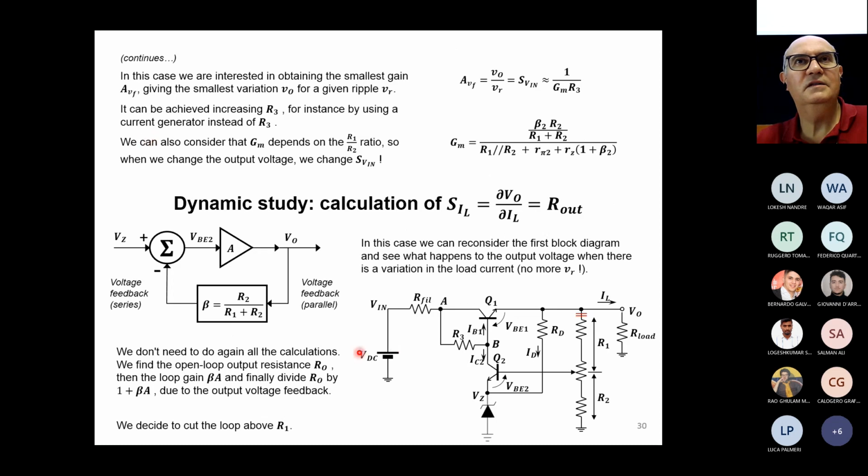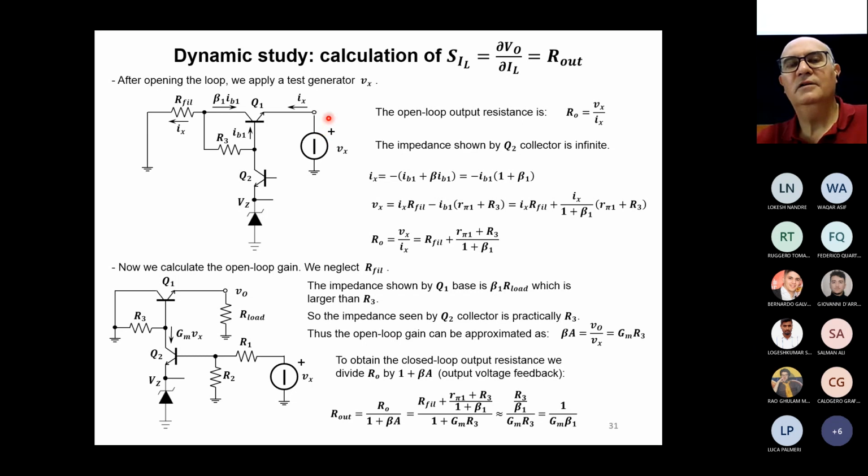I go back, this one, VDC. But if you remember, when I want to measure resistance or something, I have to put a test generator and switch off all other independent generators. So turning off VDC means bringing it to 0, so short circuit basically. Okay, so what I have left here is only the filament resistance, R3, transistor Q2, the Zener diode, and something else that I am neglecting.